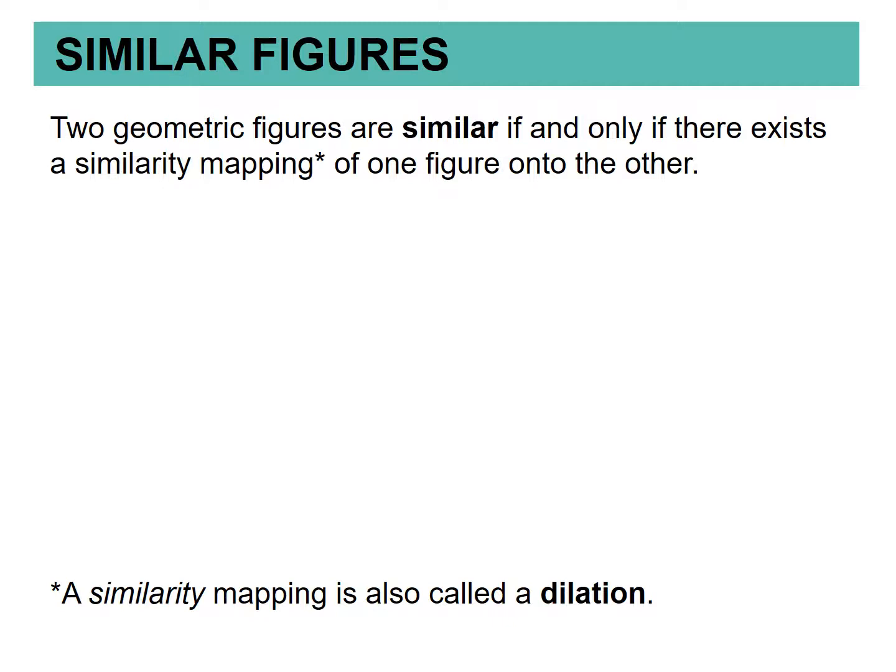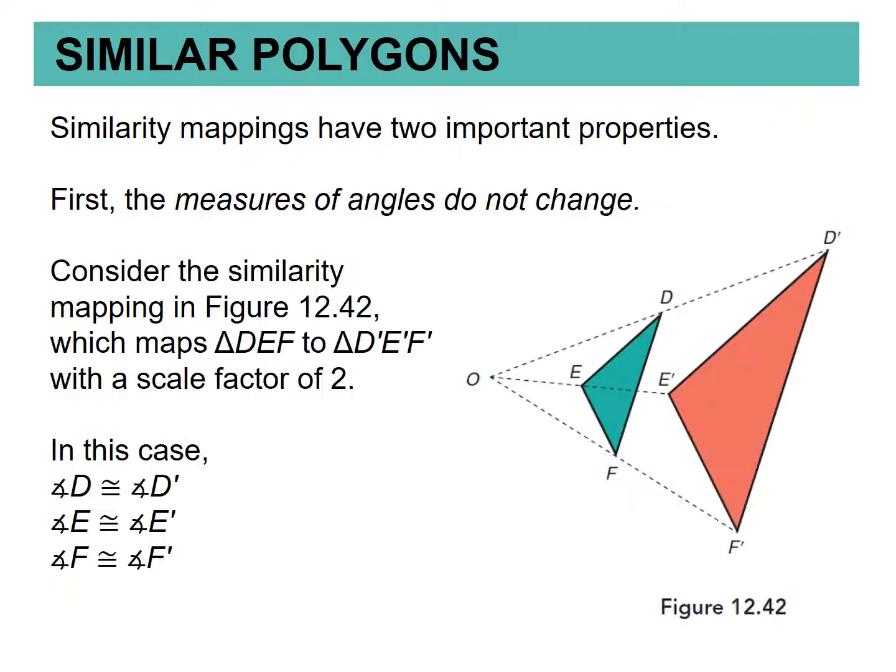Again, we have a similarity mapping, one figure to another. So what happens with our similarity mappings? The angle measures remain the same. So corresponding angles are congruent. Angle D here is congruent to D prime, E is congruent to E prime, and so forth.